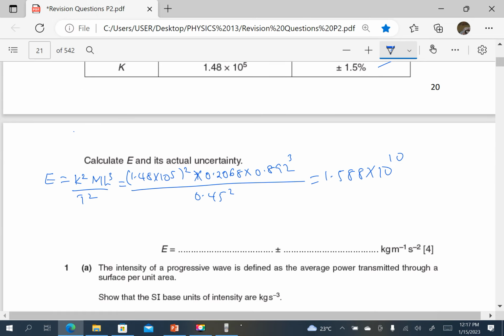That is E. Then I want the uncertainty, because we want even the uncertainty. Because they are in percentages, I will just sum up.